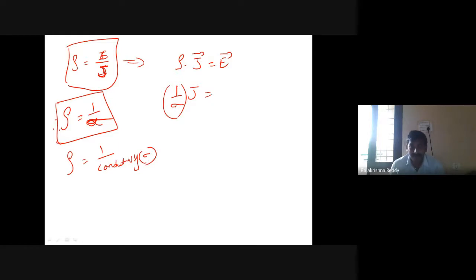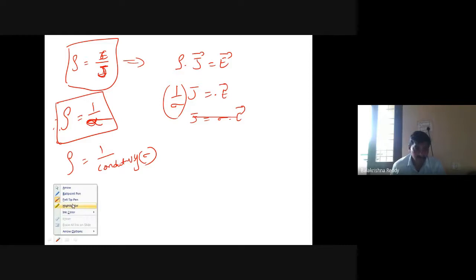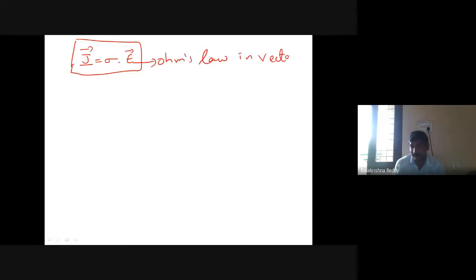Whenever I write 1 by sigma, therefore J equal to sigma into E. This gives Ohm's law in vector form. It's most important.